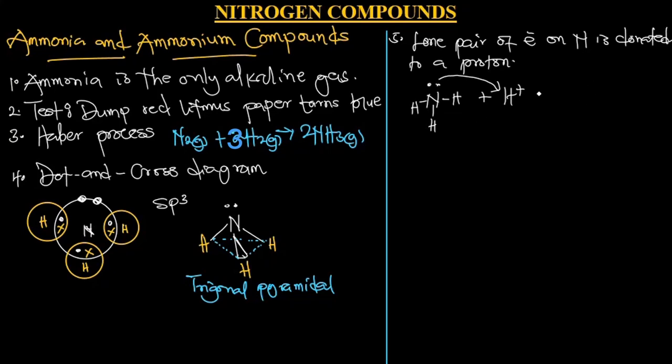So if that happens, we have nitrogen now having 4 bonds. In that case, I'm going to put this in a square bracket with a positive charge. Now this charge is spread evenly across the molecule. This we call ammonium.